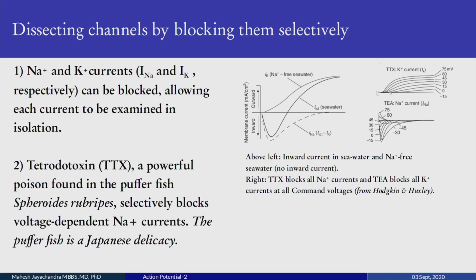Okay, and in this panel on the extreme right, the plot above is where you have a TTX blockade happening, and you have only the potassium currents, and these are the different command voltages. It's a voltage clamp, minus 15, 0, 15, 30, 45, 60. So you see it occurs later. When you block the potassium channels with TEA, you only have the sodium current, the inward current, and that's the panel below. And these are the command voltages of the voltage clamp, minus 15, 0, 15, 30, 45. And it's a very fast acute thing and comes back to normal pretty quickly.